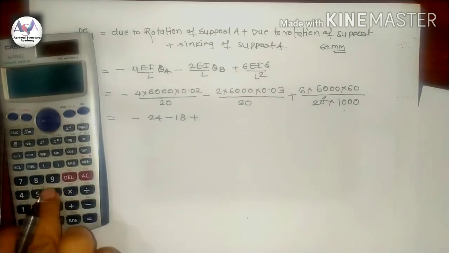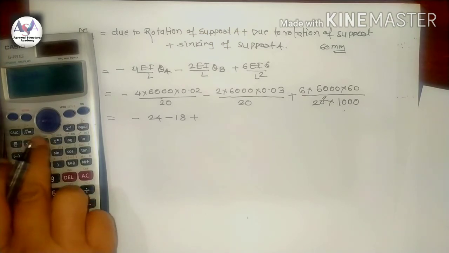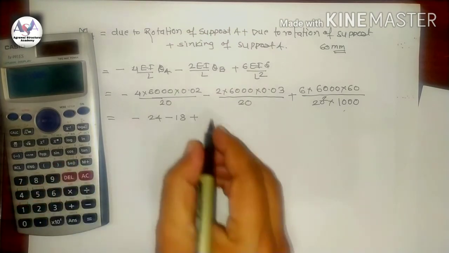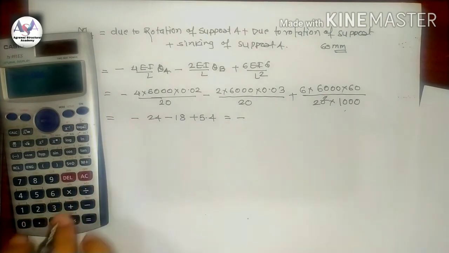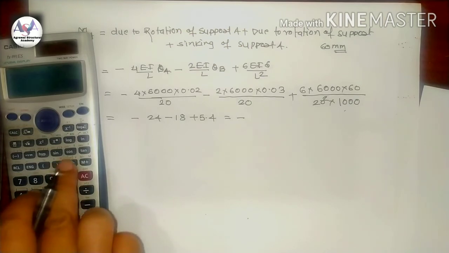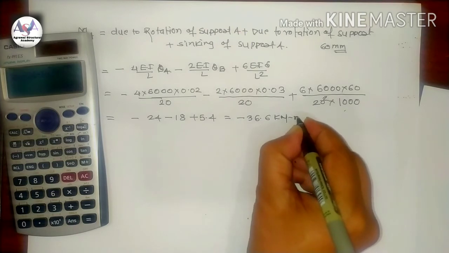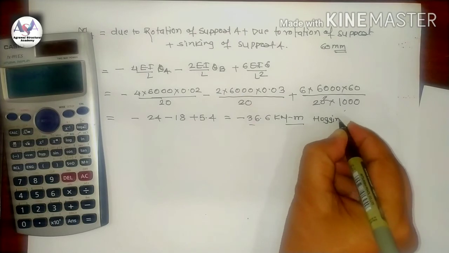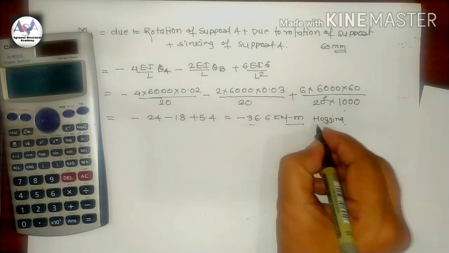Plus 6 into 6000 into 60 divided by 20 square divided by 1000, so this becomes 5.4. That is equal to minus 24 minus 18 plus 5.4, which is minus 36.6. Minus means hogging. Here minus means anti-clockwise movement applied at support A, so that becomes the hogging.